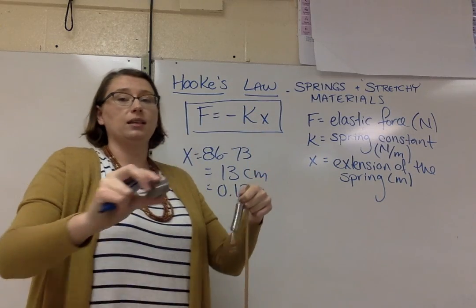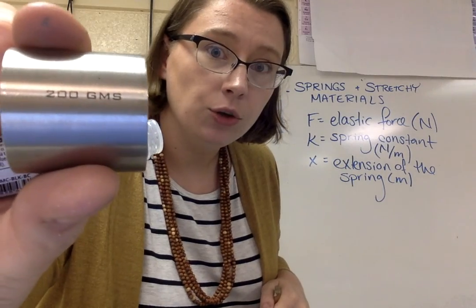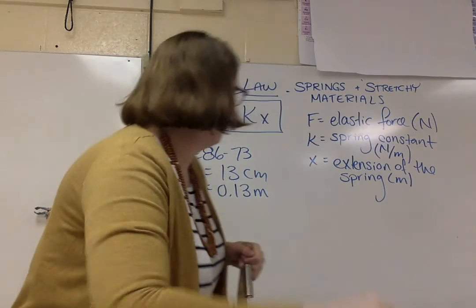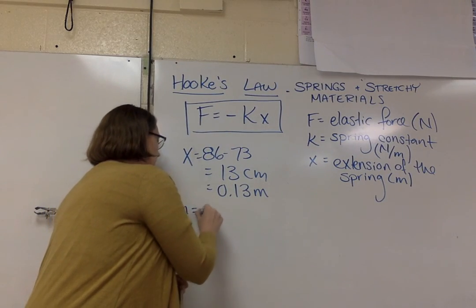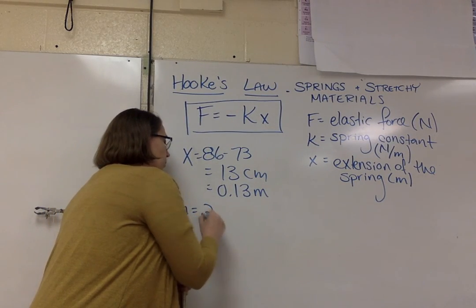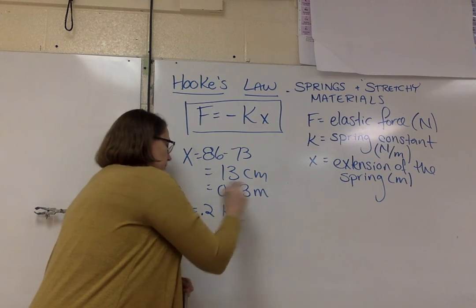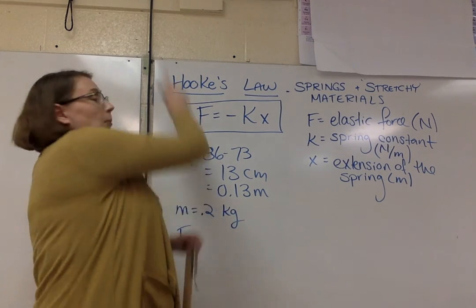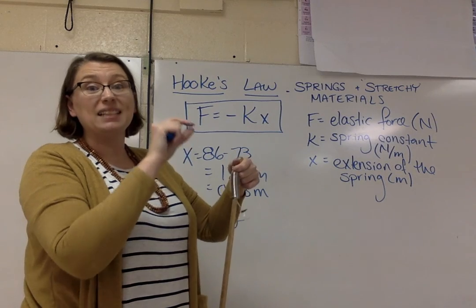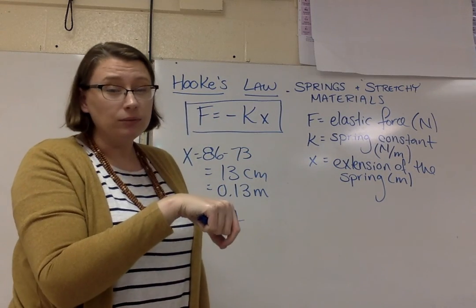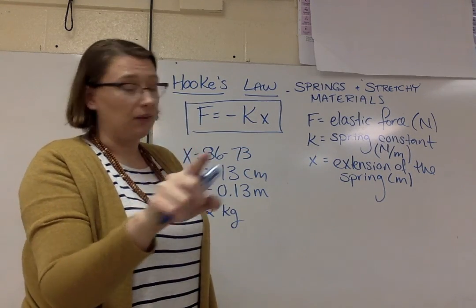So what's the mass of this? I don't know if you can see. 200 grams. So the mass is 200 grams, it's the same as 0.2 kilograms. So the force up from the spring is the same as the force that's down from gravity.